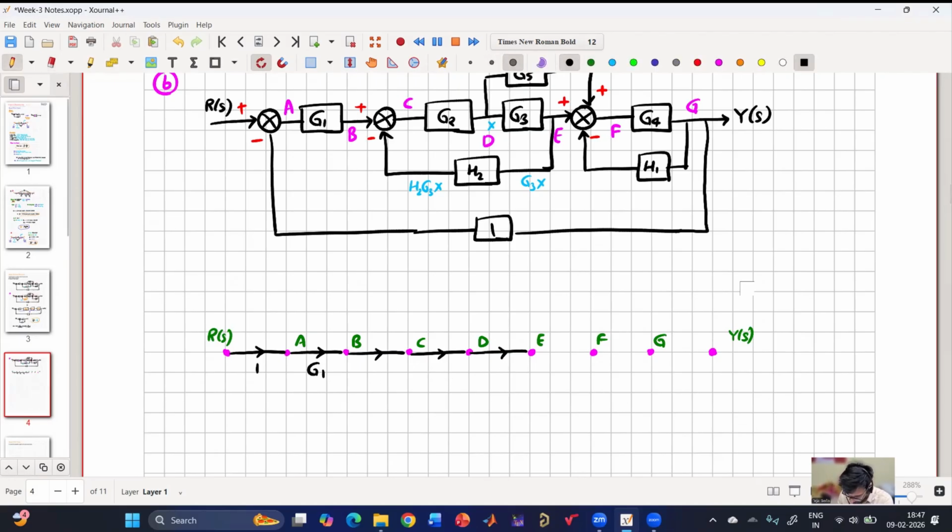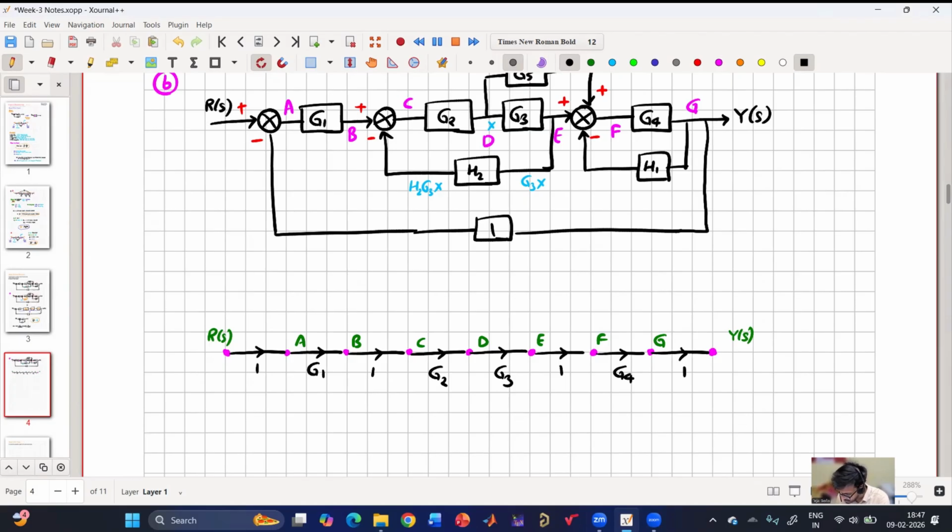So from A to B, we have G1, B to C, we have gain 1. And then from C to D, we have gain G2. And from D to E, we have gain G3. And from E to F, we have gain 1. From F to G, we have gain G4. And from G to Y of S, we have gain 1.